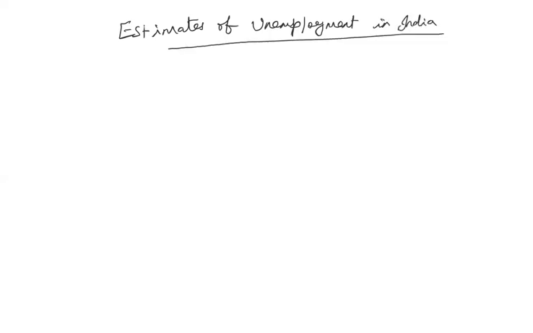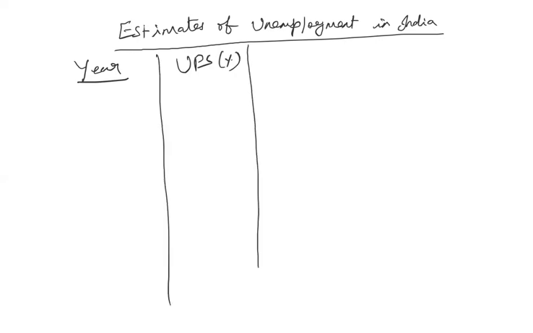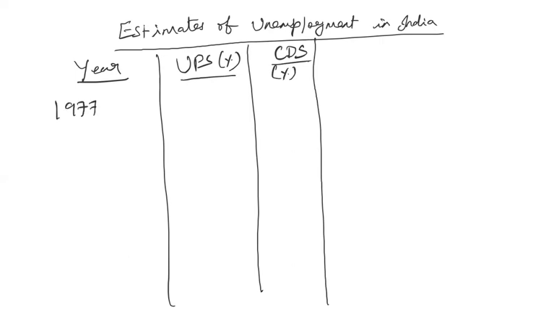So let us check the estimates of unemployment in India. Here, based on usual principal status, everything is in percentage, and based on current daily status, this also in percentage. In 1977-78, it was 4.23% and daily status 8.18%.